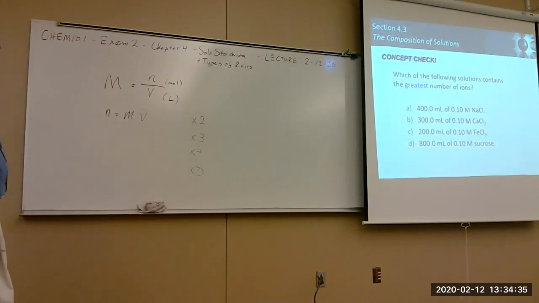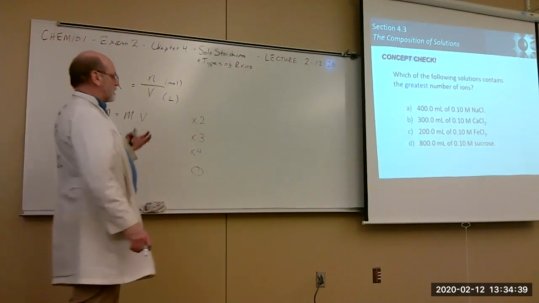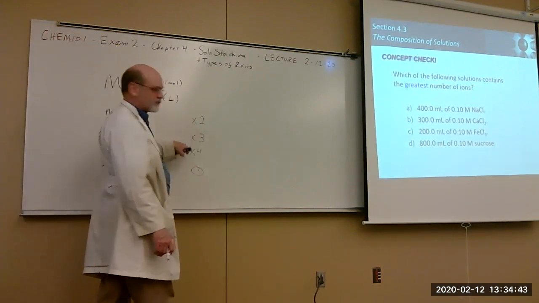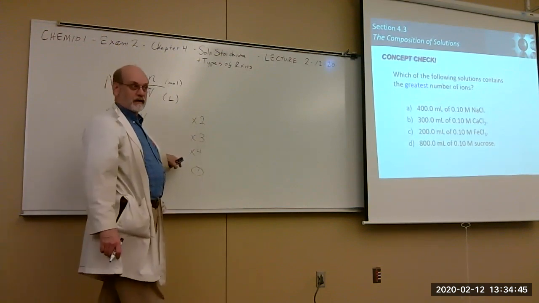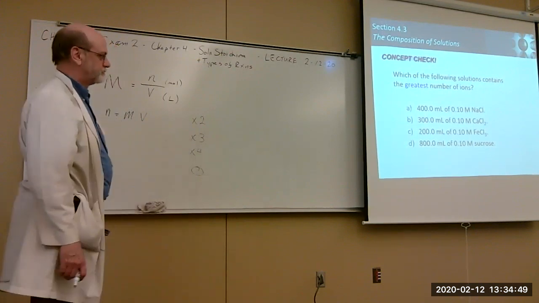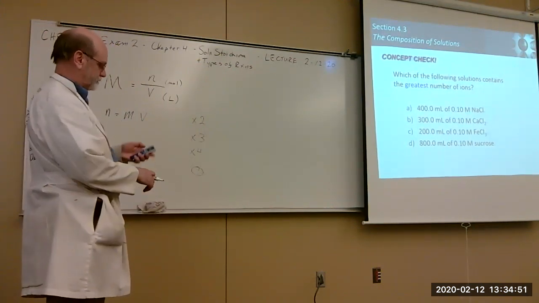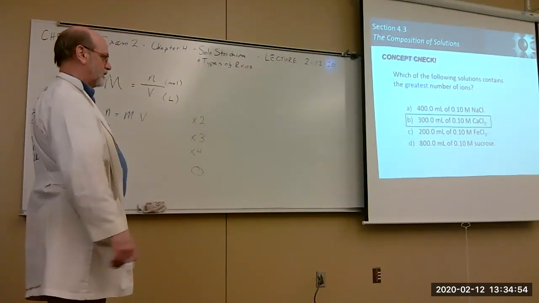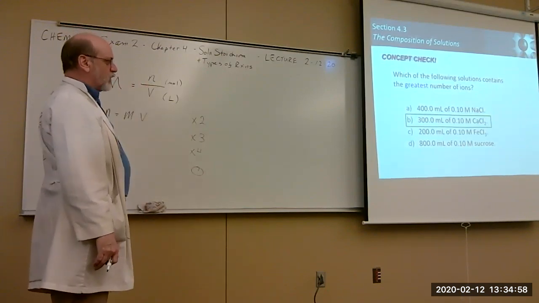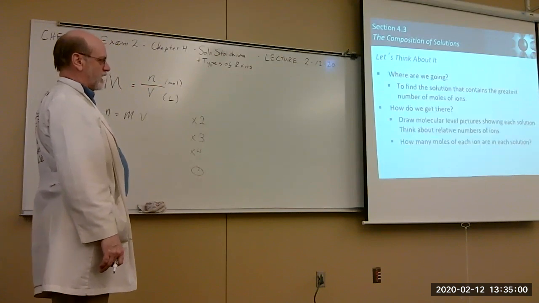That was a trick question. So then, once you've done that calculation, you've done this one, then times its factor, then you can compare the number of ions in moles. And if you do the calculations, you'll get that as the greatest number of ions.